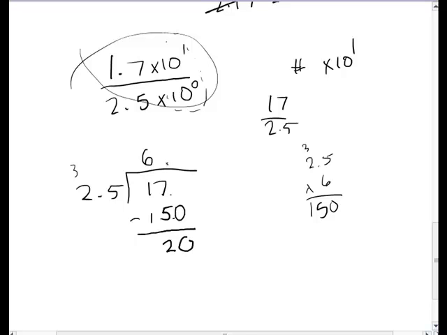So 6 point something. So I'm going to try an 8. 6.8. So 8 times 5 is 40. Carry the 4. 8 times 2 is 16. Plus the 4 is 20. So what we get is 6.8.